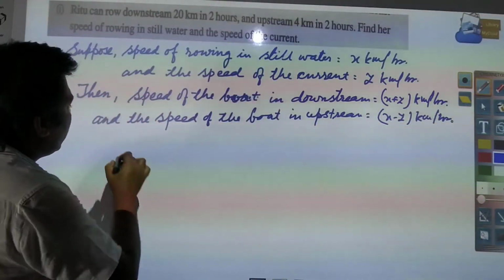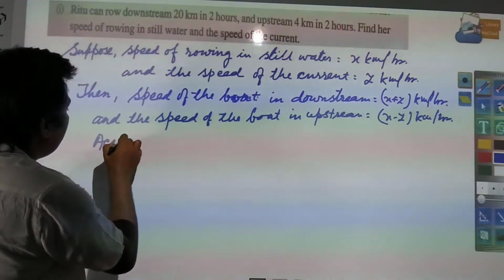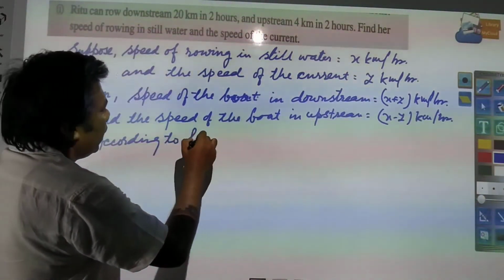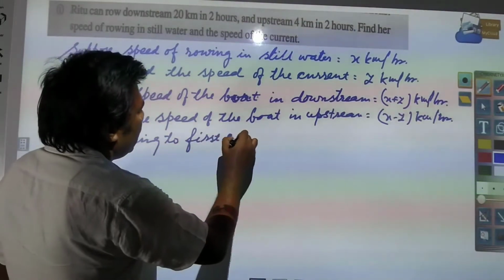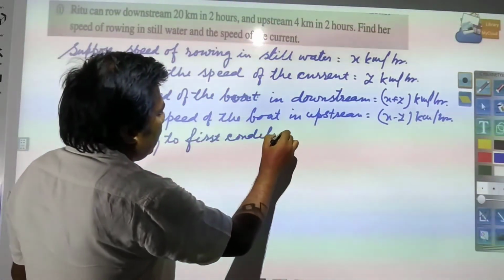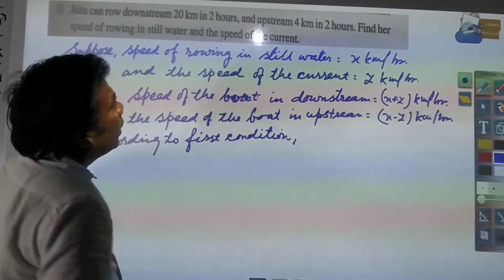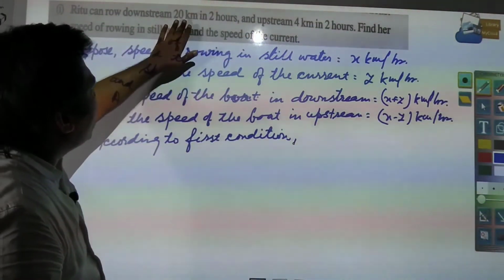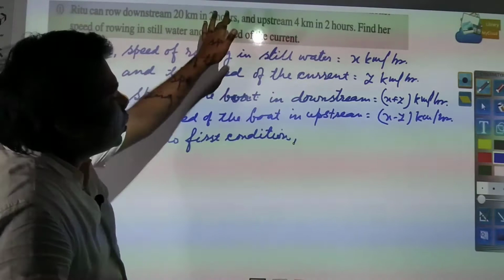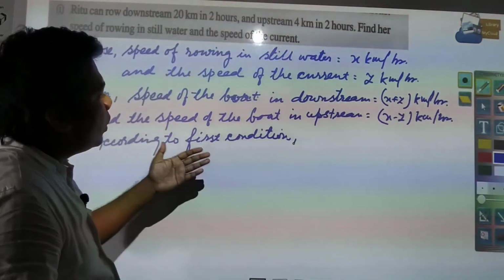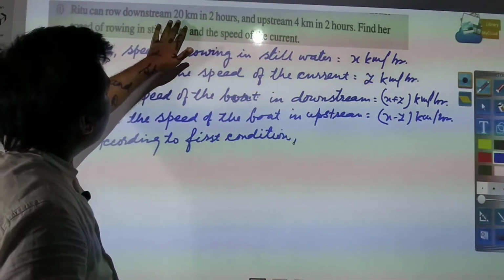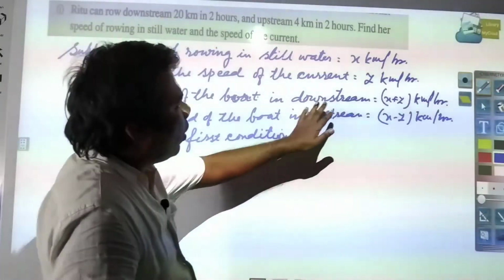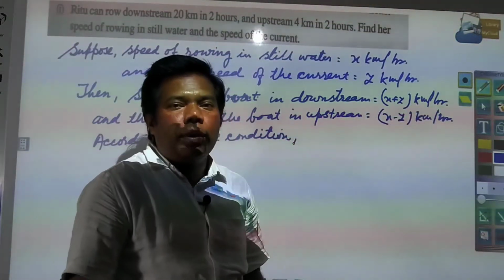Now, according to the question, you can write the first condition. Ritu can row downstream 20 km in 2 hours. The time taken to cover 20 km is 2 hours at the speed of x plus y km per hour.